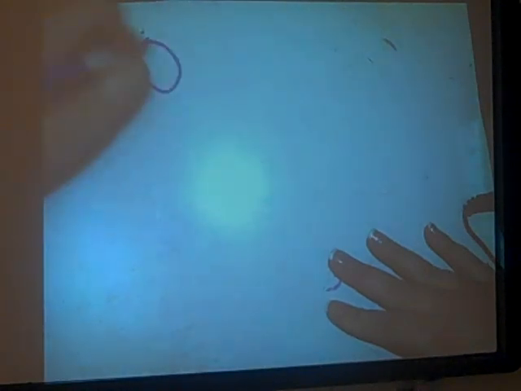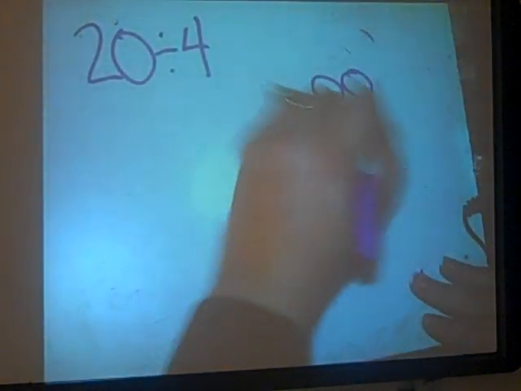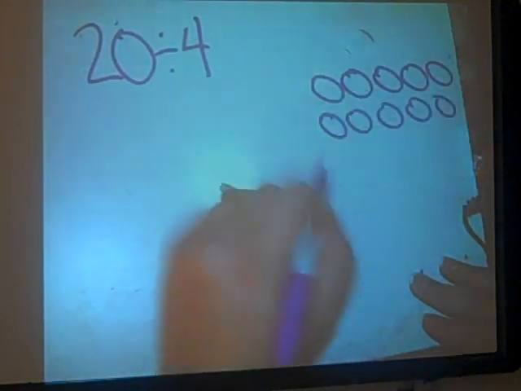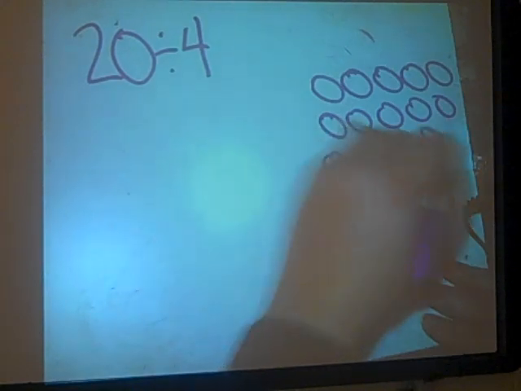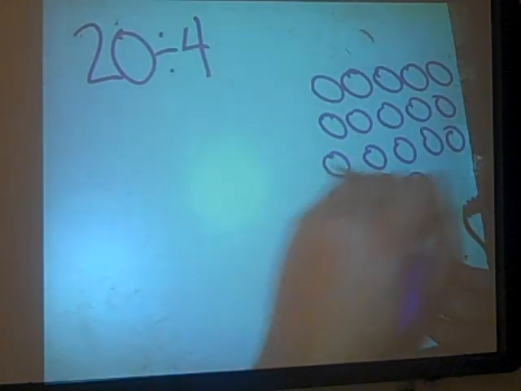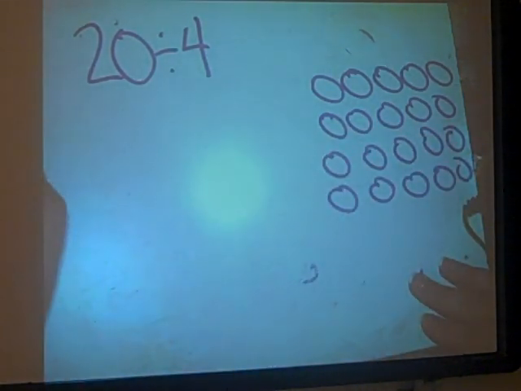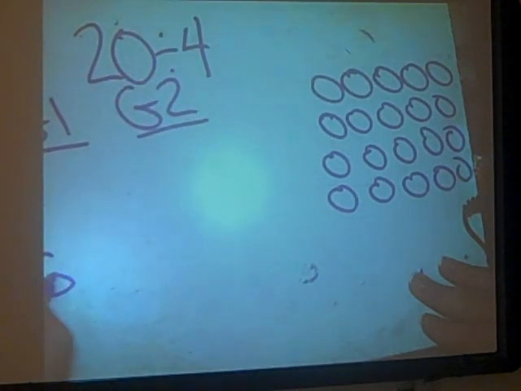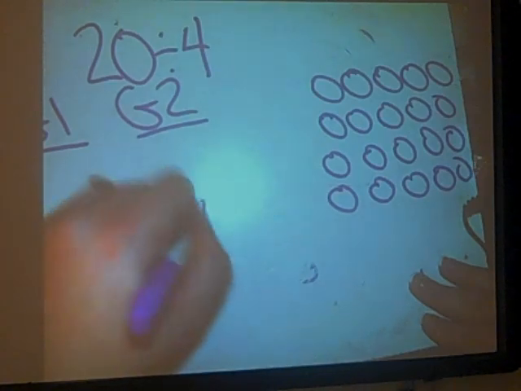Let's look at the third one that I asked you to do. 20 divided by 4. So you should see 20 off to the side. And then I need to see G1, G2, G3, and G4.